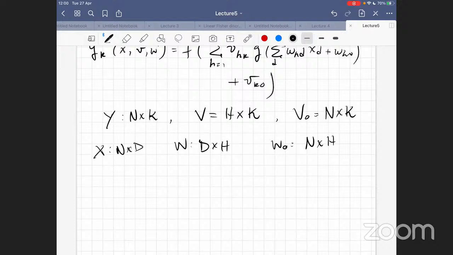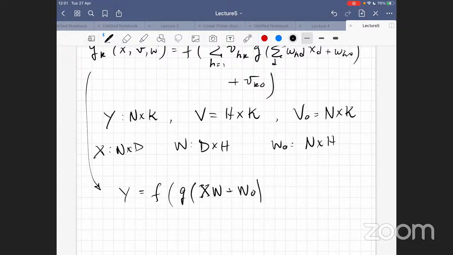So by all these matrices, I'm collecting all these coefficients. Then I am just able to write this thing in the following matrix notation. So this is all capital letters, right? Plus W0 times V plus the intercept, right?